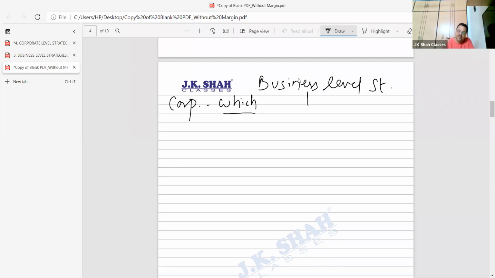Then business level will decide how to do the business. So the 4th chapter is concerned with how business is to be done.